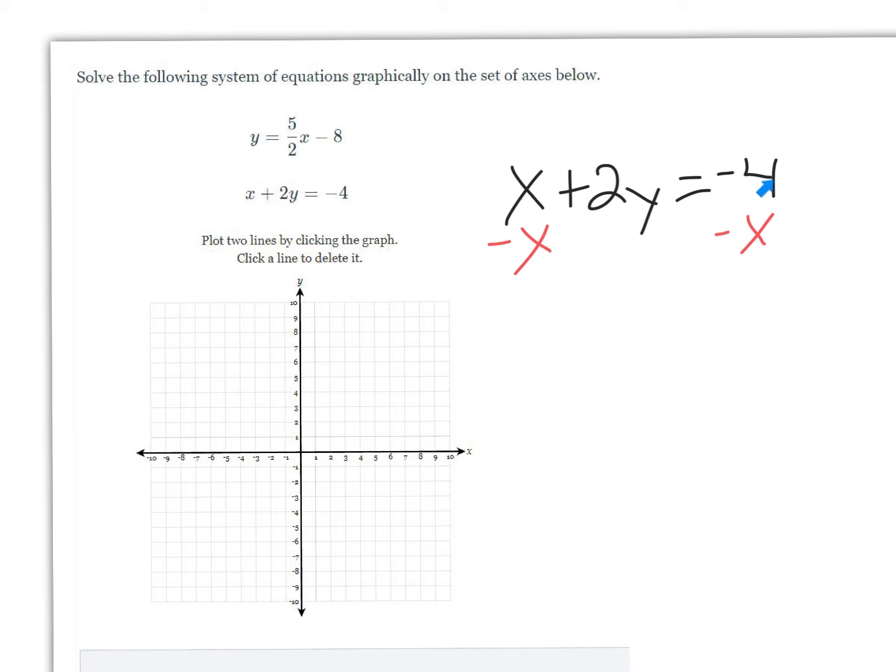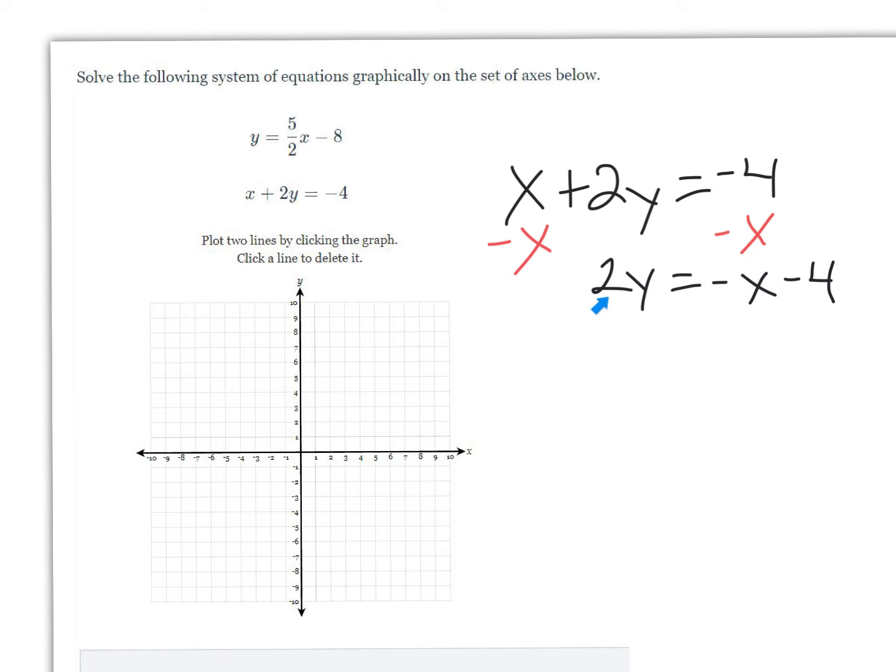It says -4 minus 1x. They're not the same. They're not like terms. They're not on the same team. But we just represent it by saying our equation now says 2y equals -x minus 4. So what I did is I just brought down the -x and the -4 down here.